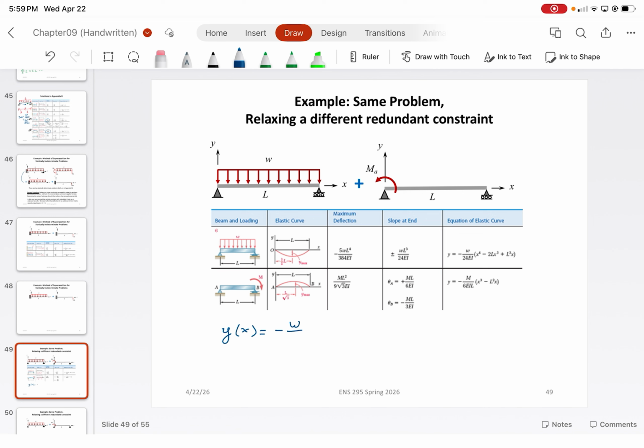So it's going to be negative w over 24 EI times x to the fourth minus 2l x cubed plus l cubed x. Then we would add that to the moment equation, M over 6EIL times x cubed minus l squared x.